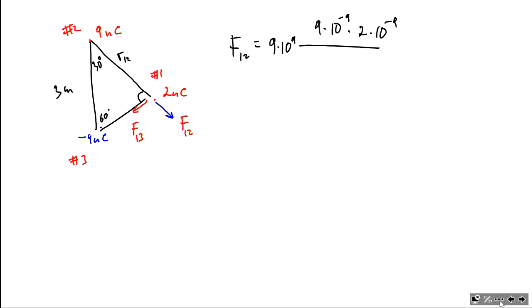We know the hypotenuse. The hypotenuse, we can call it R2,3, is equal to 3 meters. So R1,2 should be equal to the hypotenuse, which is R2,3 times cosine of 30 degrees. And that is equal to 3 times, anybody? Cosine of 30.